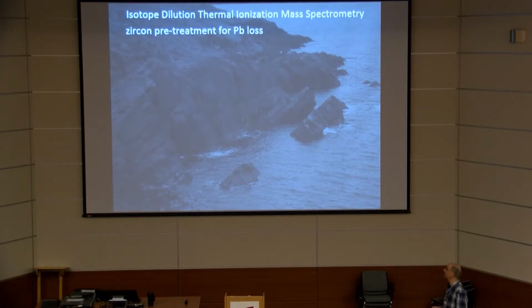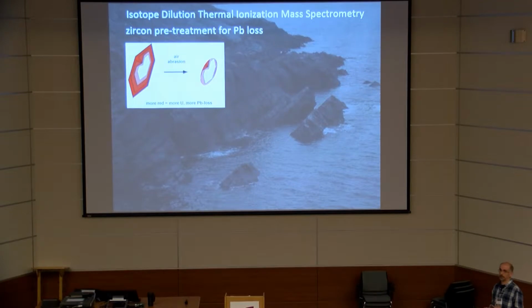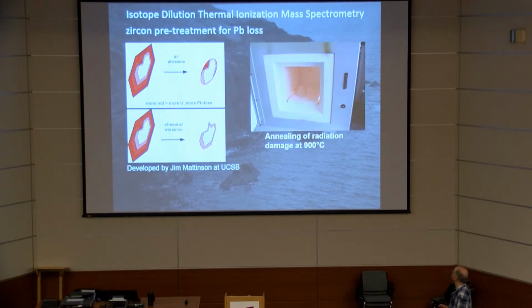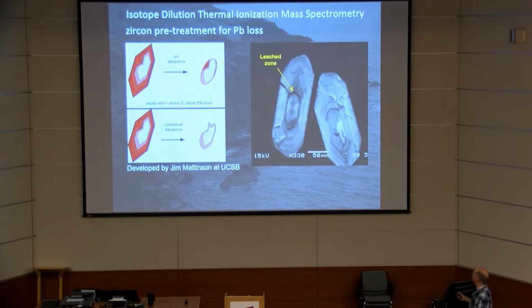One of the most important was zircon pretreatment by chemical abrasion, where we anneal zircons at very high temperature and then leach them in concentrated hydrofluoric acid. It allows us to mine out those radiation-damaged parts of the zircon that are responsible for lead loss and usually give us anomalously younger dates. That was a major improvement developed by Jim Mattinson, University of California, Santa Barbara.